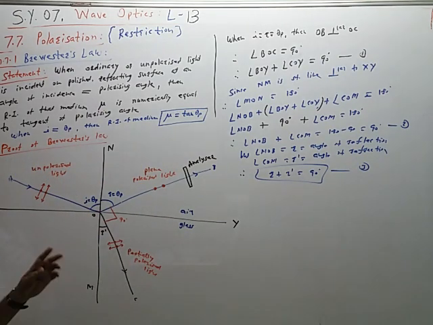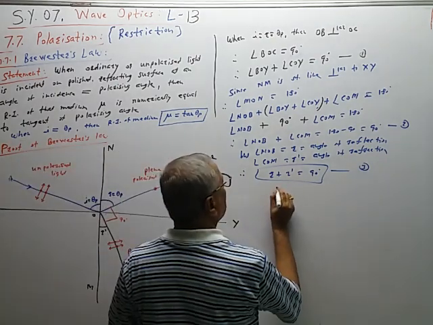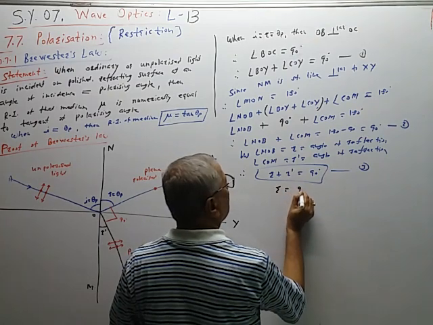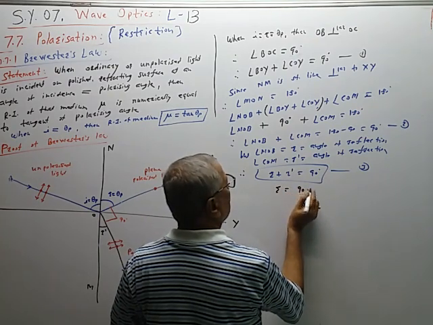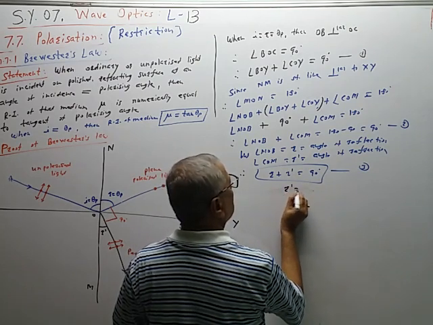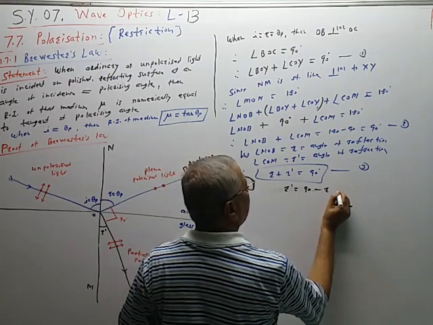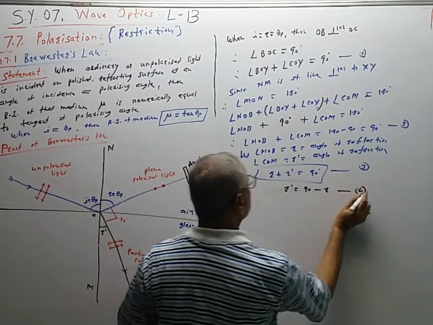This property we have stated directly, but it can be proved mathematically like this: R plus R dash is equal to 90 degree, and therefore R dash is equal to 90 minus R. This is equation 4.